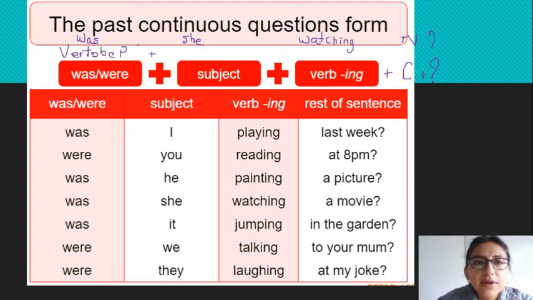Okay? ¿Estaba ella mirando televisión? ¿Estaba ella mirando televisión? Okay? So, when we want to make questions, we have to write in the first place the verb to be in past. Then we have to use the subject, the gerund, and complement plus question mark.